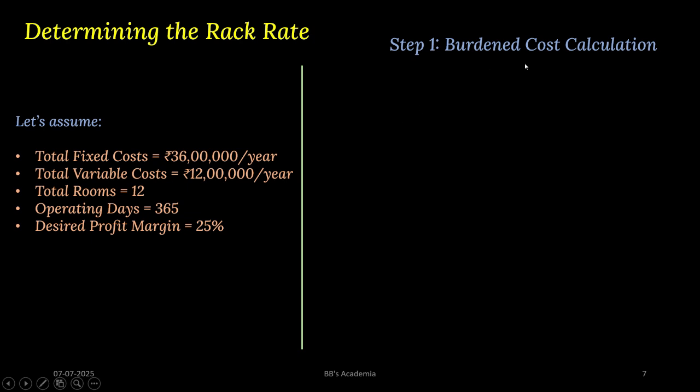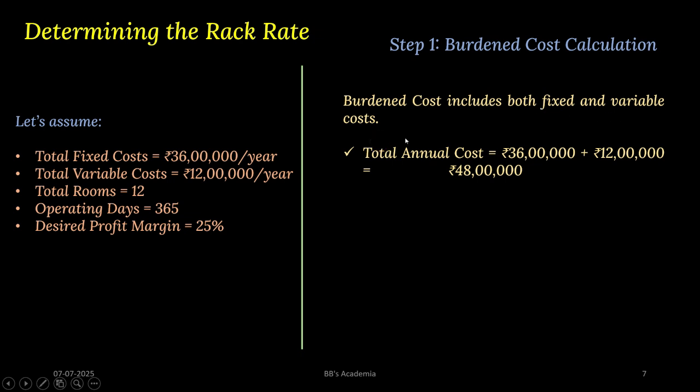First of all, calculate the burden cost. What is the burden cost here? It is only the fixed and variable cost. So total annual cost will be 36 lakhs plus 12 lakhs, total 48 lakhs. Cost per room, divided by 12, that is 4 lakhs.